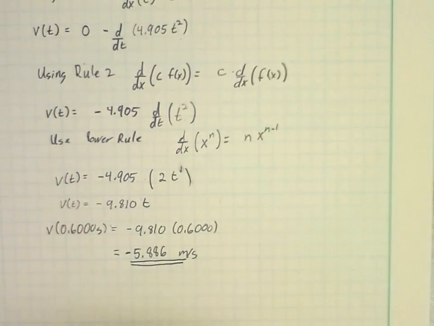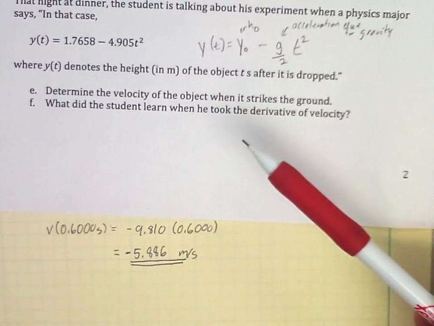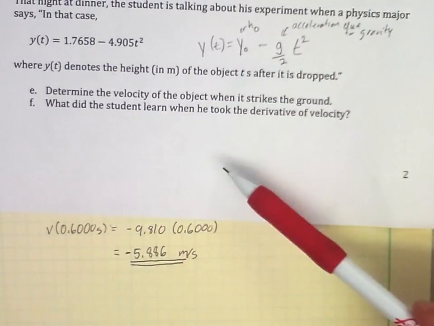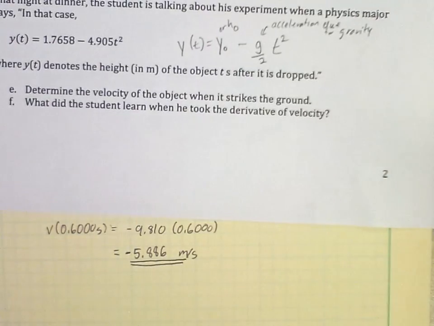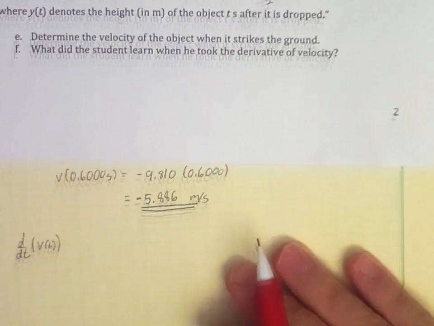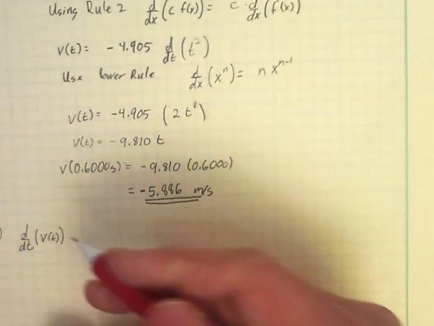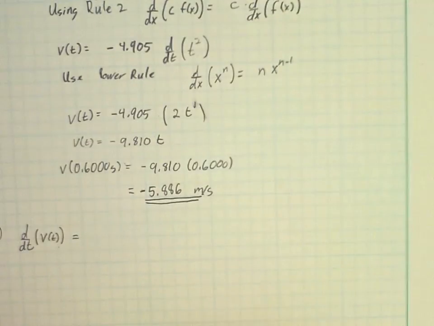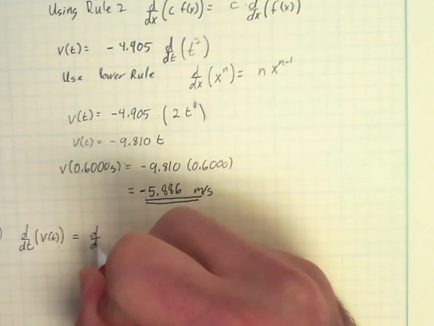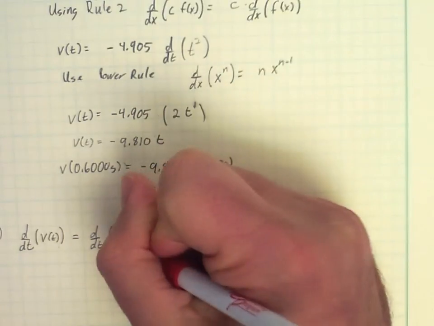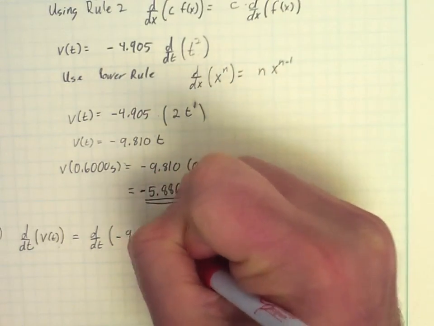Part F, the student keeps going, says, well, if I took the derivative of the height and I got velocity, what happens if I take the derivative of velocity? Well, let's think about that a minute. So I want to know what is the derivative of the velocity. So my velocity function for this part, we just said, was negative 9.810 times t.